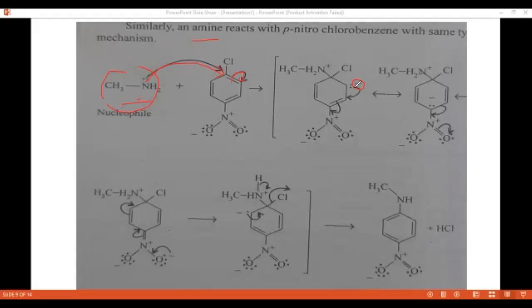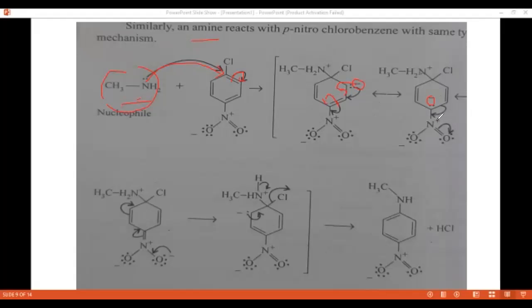The ortho carbon carries a negative charge. Again, this negative charge is delocalized in this benzene ring. So again this bond breaks in the direction of the para carbon, and this para carbon carries a partial negative charge.